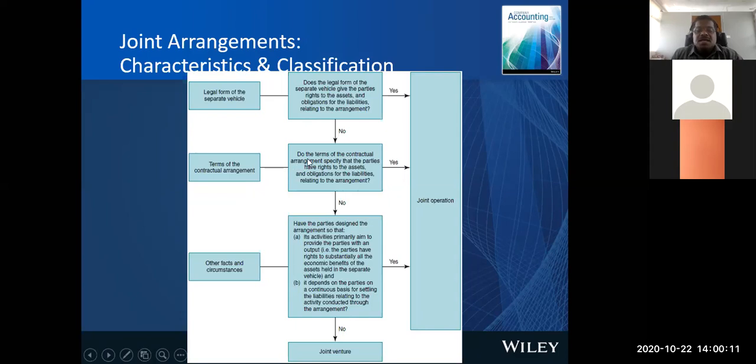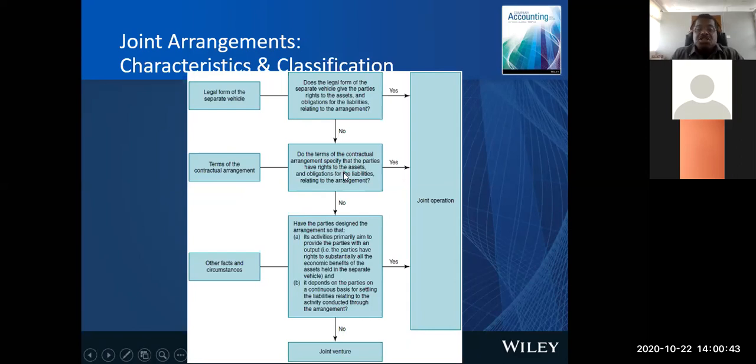Terms and conditions. Do the terms of the contractual arrangement specify that the parties have right to the assets and obligations for the liabilities relating to the arrangement? Terms of the contractual arrangements, the agreements.